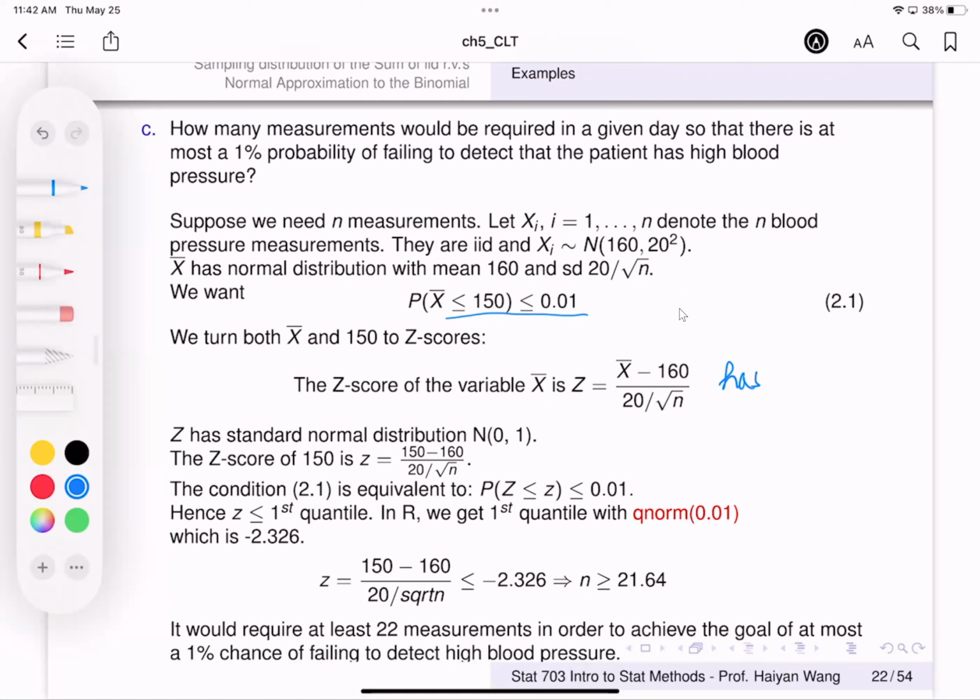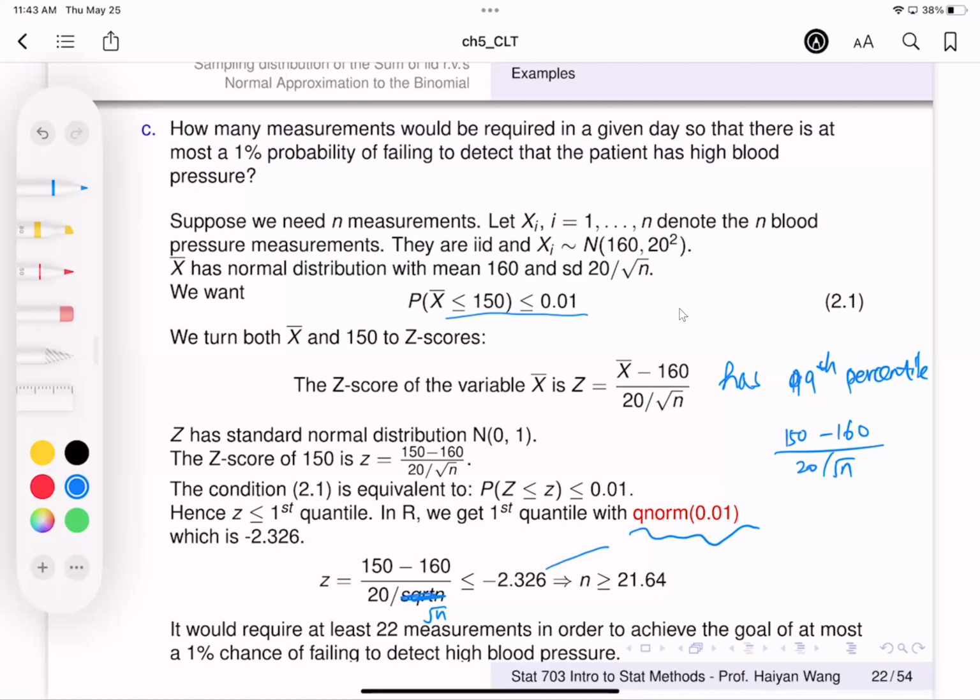So this would have a 99th percentile given by 150 minus 160 over 20 over square root of N. In other words, this is equal to the 99th percentile of the standard normal, which we can get with qnorm of 0.01.